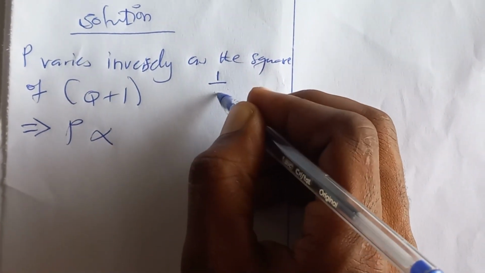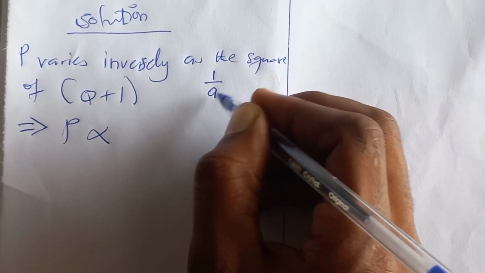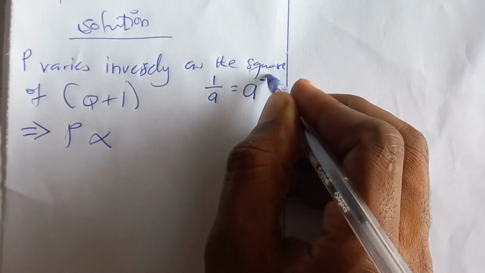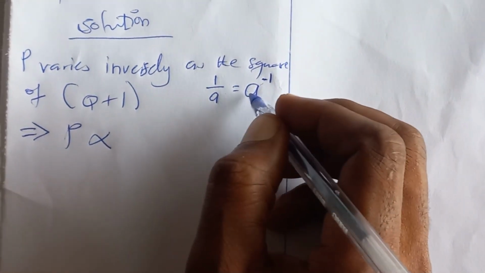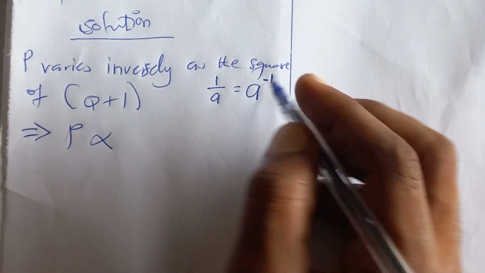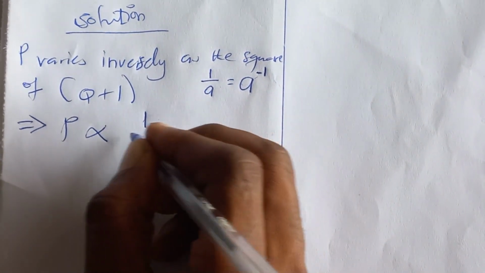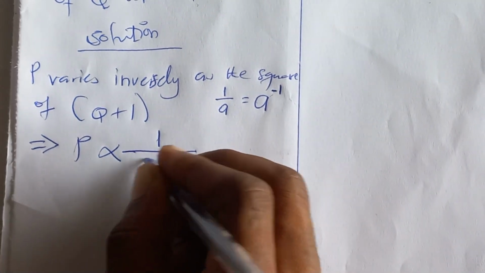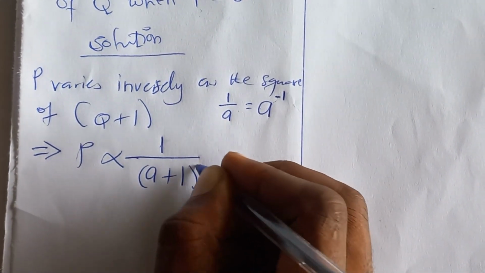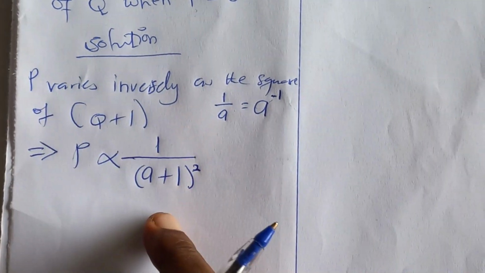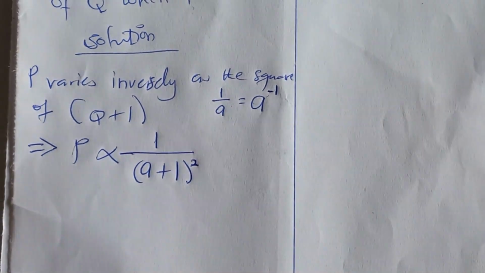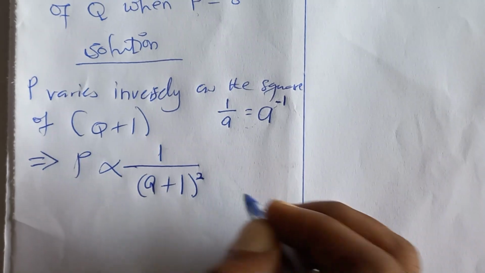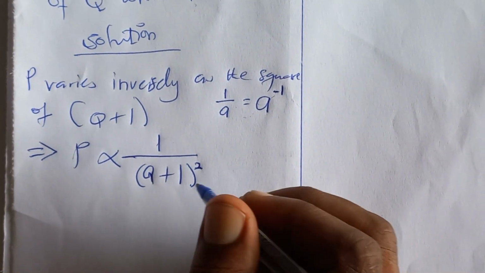So 1 over A is the inverse of A, which is the same as A power negative 1. Okay, so this is why we call it inverse. So it's the same as 1 on A plus 1. It says the square, so square it. So the inverse of A plus 1 squared. So it's Q plus 1 like this.